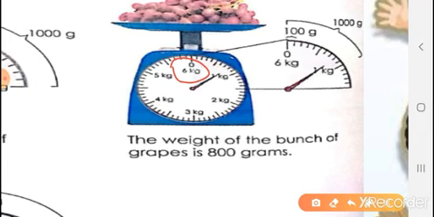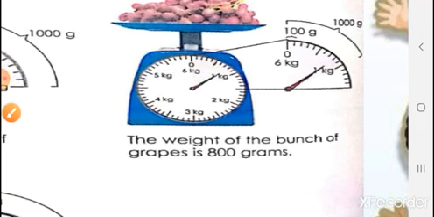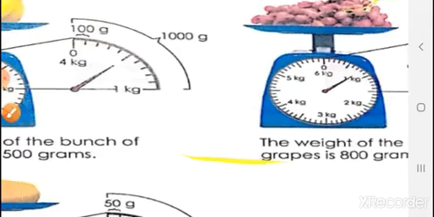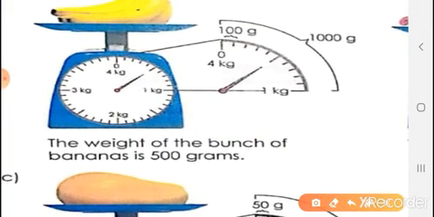Okay, so what is the greatest weight that can be measured using this weighing scale? Yes, that is 6 kilograms. So since this scale measures up to 6 kilograms, the marks on this scale are closer together compared to the marks on the scale A. Here you can see the intervals are closer, but here they are a bit far from each other.